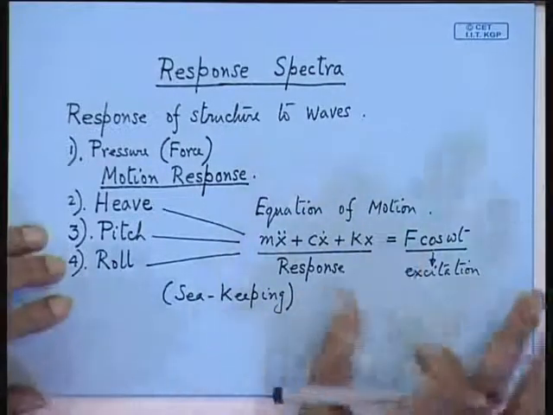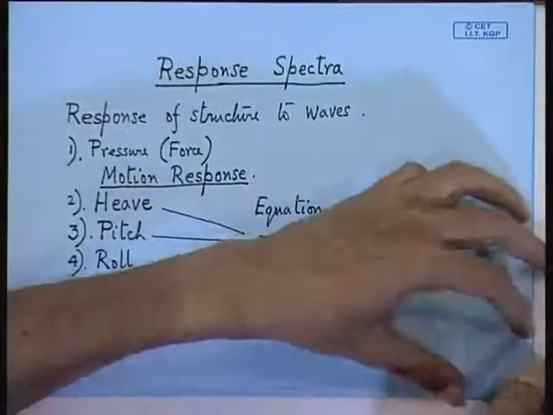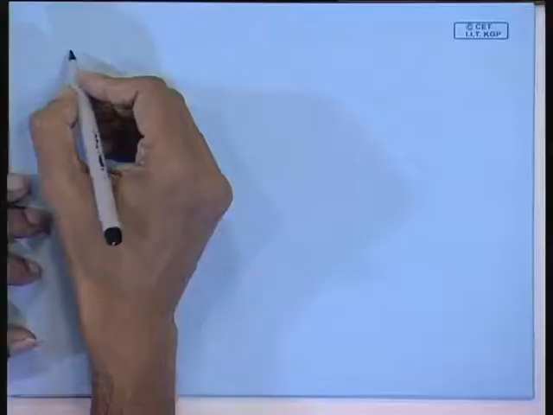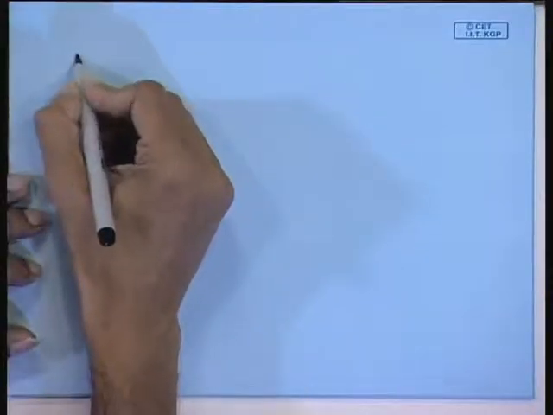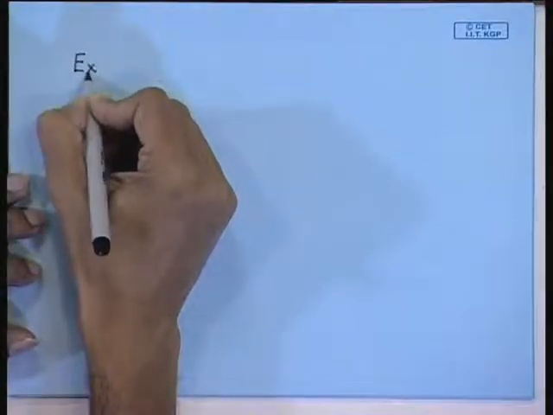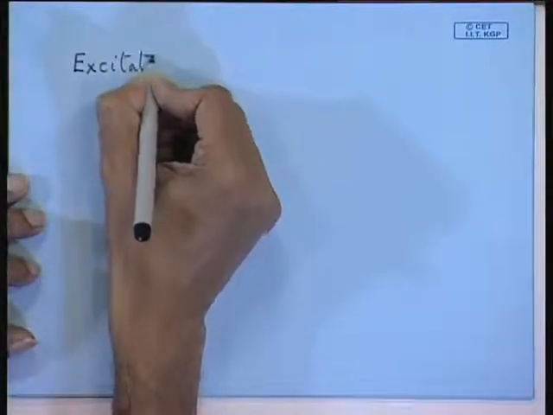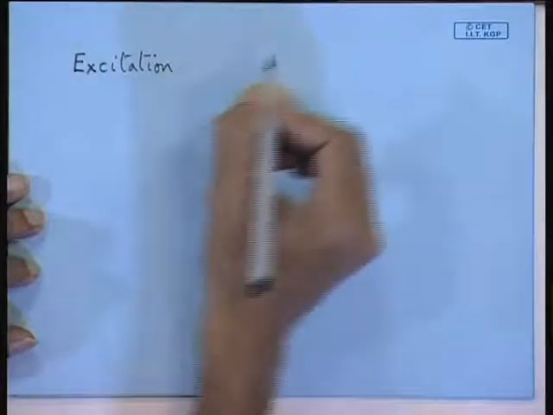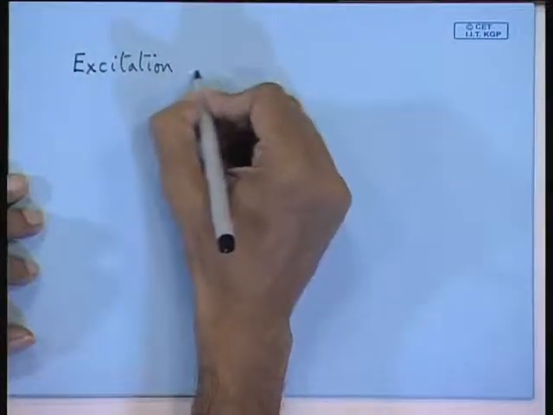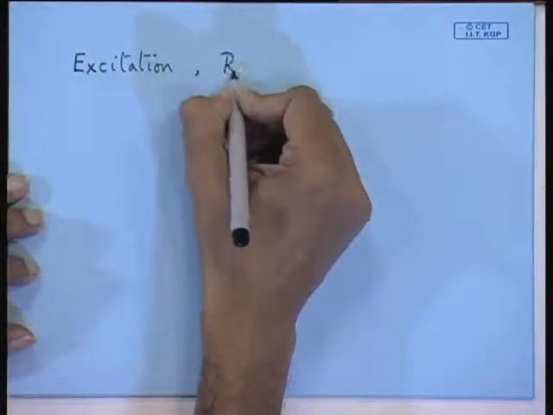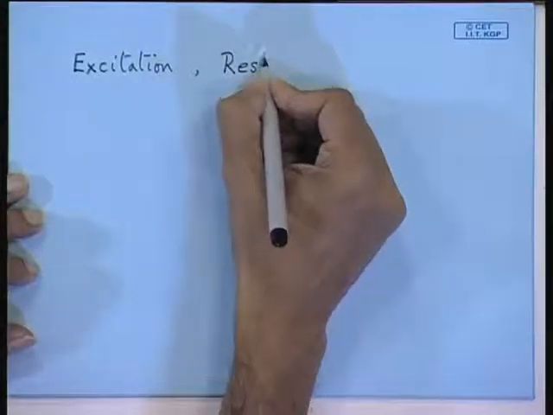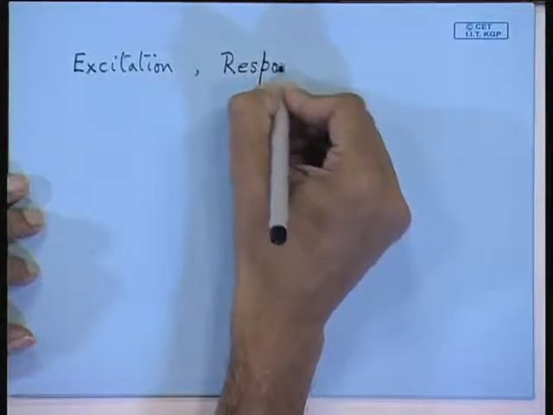There are two things that are important. One is what I have told you: excitation and response. These are the two things from the equation of motion, excitation and the response. Now, how are we going to study this?